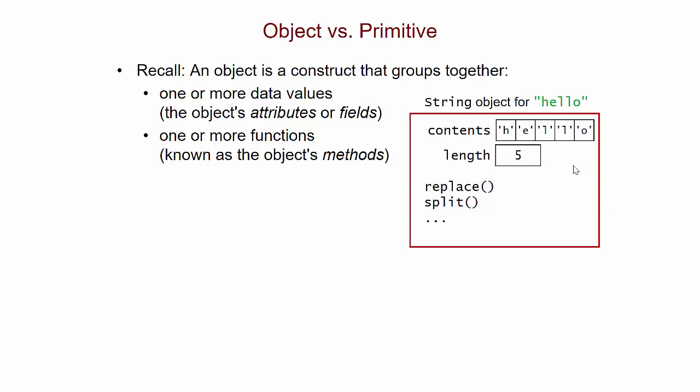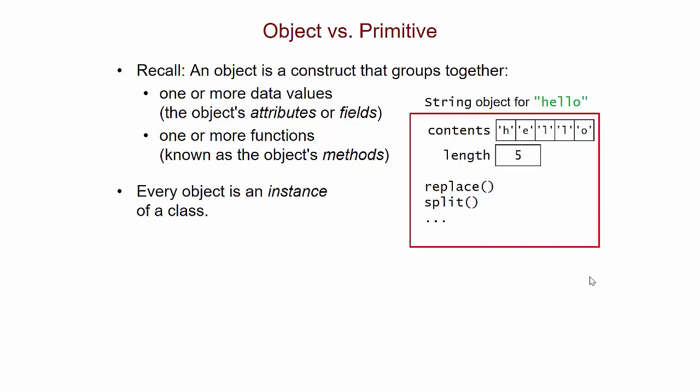They group together the characters that belong to the string, the length of the string, potentially some other bookkeeping, and then methods that belong to that string object and that can be used to manipulate it. Every object is referred to as an instance of its class, so string objects are instances of the string class, and we can define our own classes if we want to be able to have new types of objects.